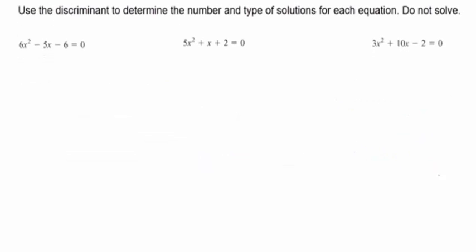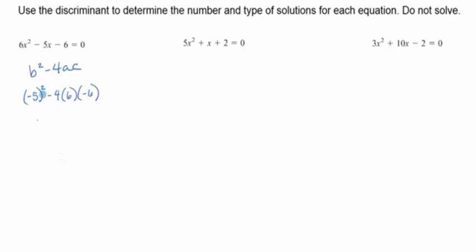Here we want to use the discriminant to determine the number and type of solutions for each of the equations. We're not going to solve, we're just going to tell what we know about the number and type of solutions. So b squared minus 4ac. b squared, that's negative 5 squared, minus 4 times a times c.